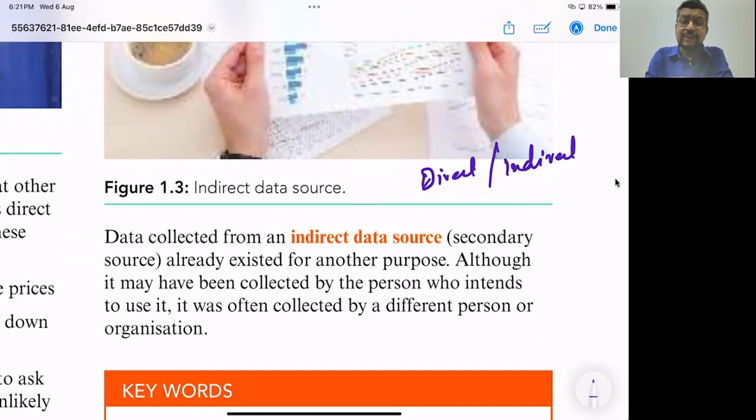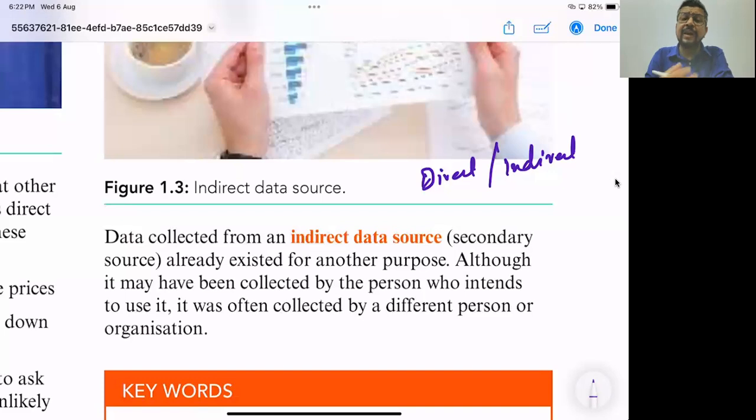Got it? This is very important: the difference between a direct data source and an indirect data source. Direct data source means they have a proper purpose and use the data for the same purpose. Indirect means you already have data with you, but you are using it for some other purpose, though the data was collected by me only. It's not about collecting your data and selling it to Ahmed, who earns money from it, which is unethical.